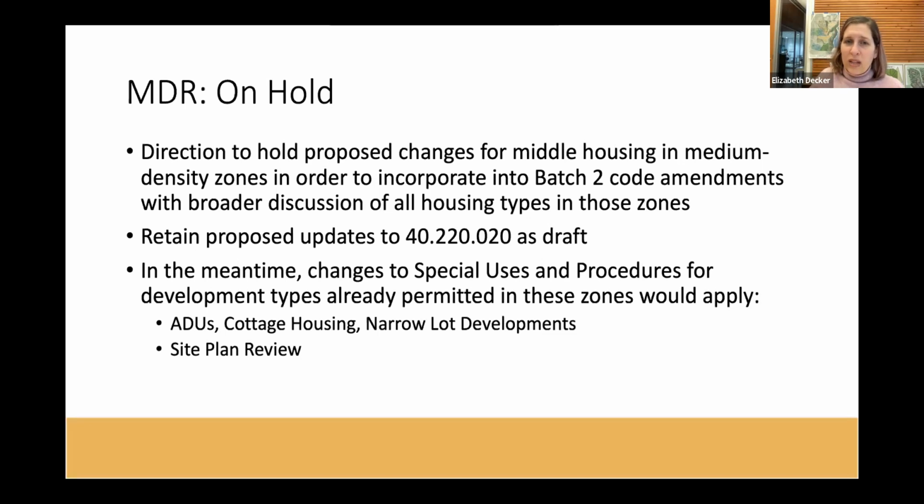We already have those plans scheduled, but it'll give us an opportunity to more comprehensively talk about that broader range of housing types. The medium and then high density zones will also be on the table at that time.